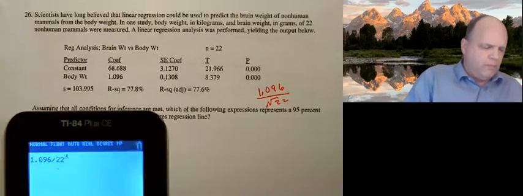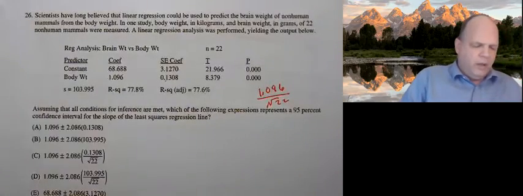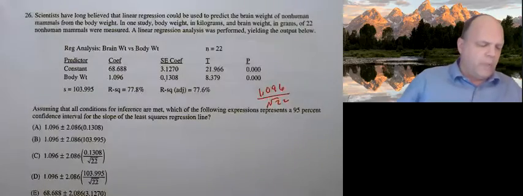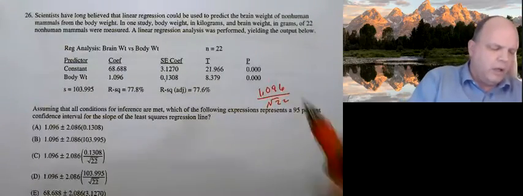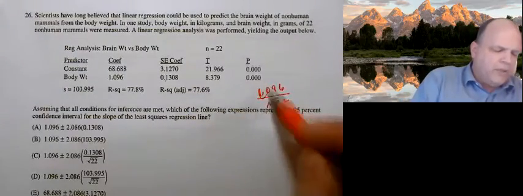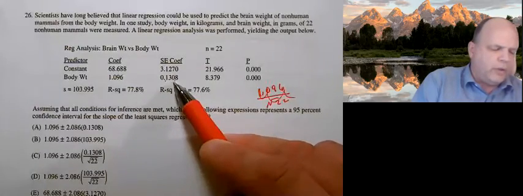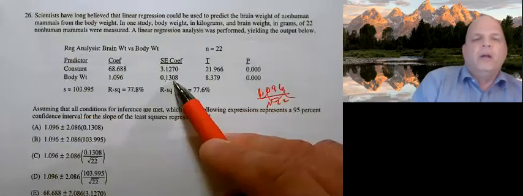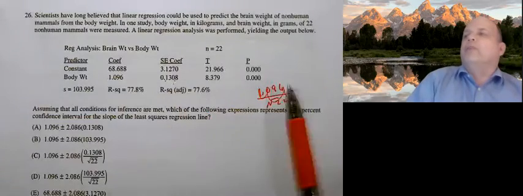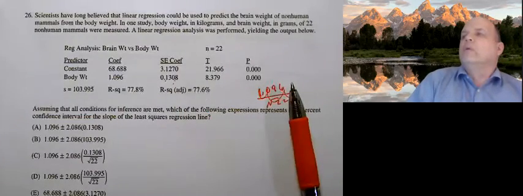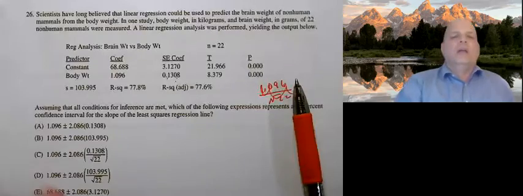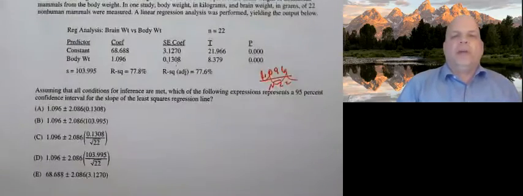Well, something is wrong, so I'm just going to leave that alone for the time being. But they've already divided the standard error for us. We don't have to do anything with this. So this has already been taken care of. Anyway, you can skip that for the time being.